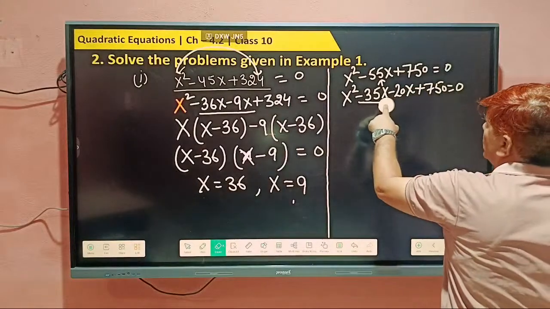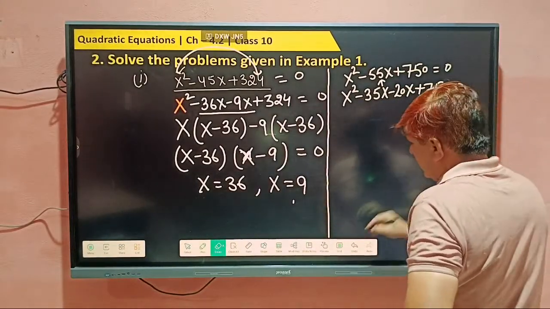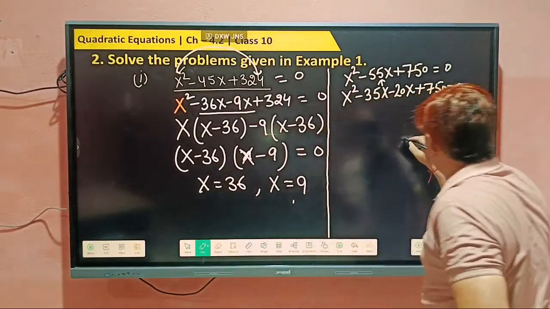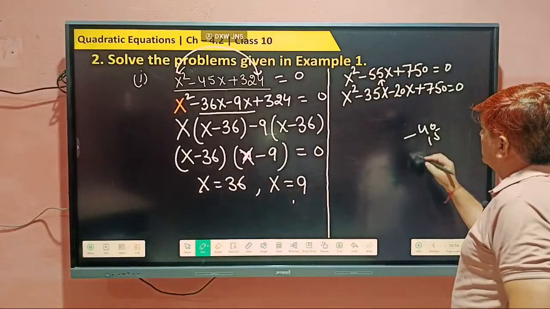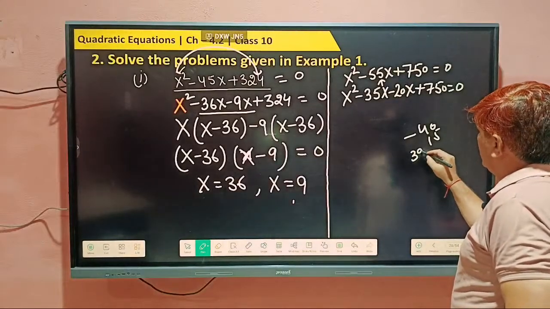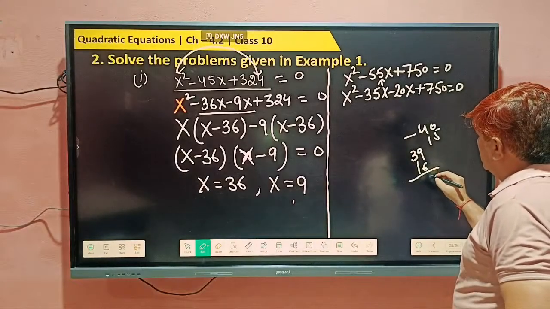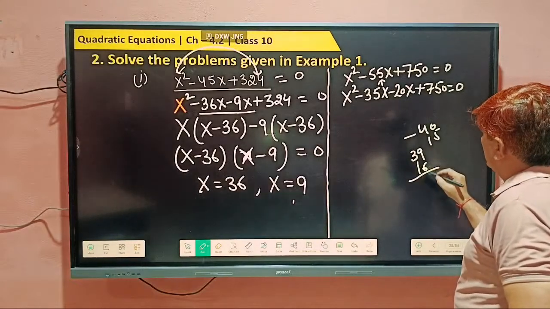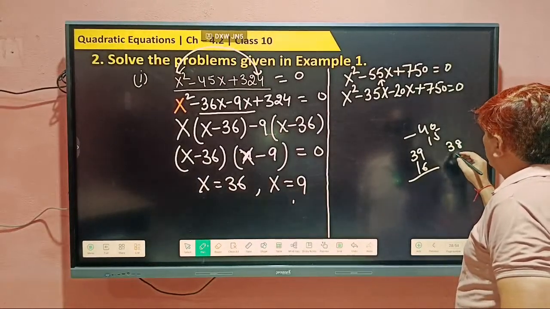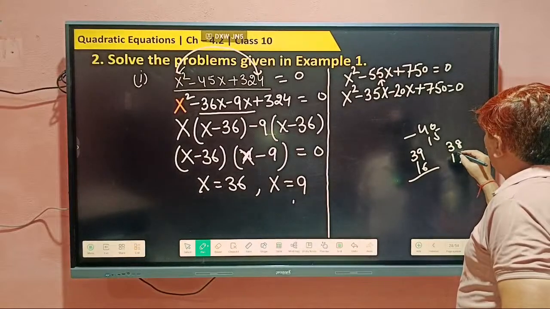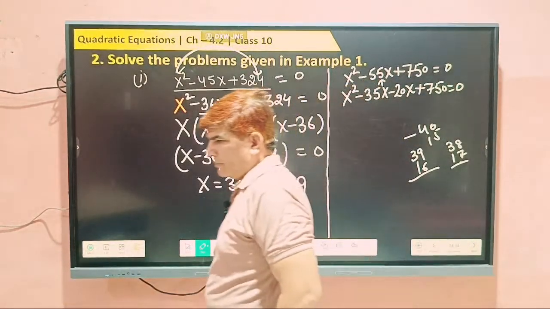Look one time, another factor you can take. 40, 15, wrong. So 39, 16, not. 38, 17, this also not. So what's the factor?